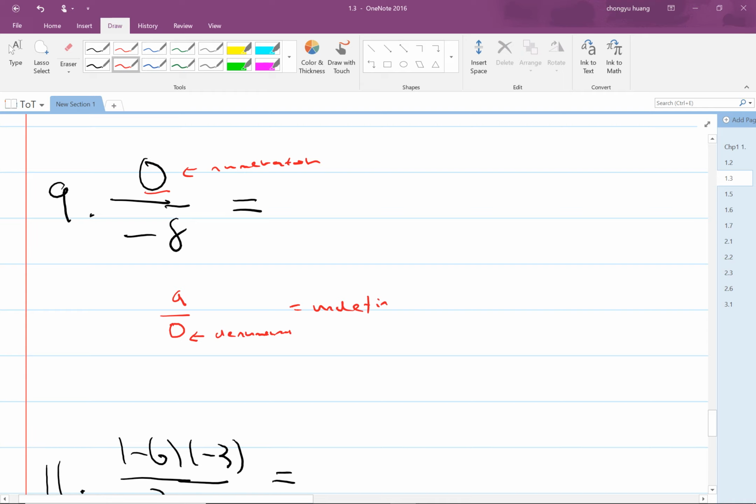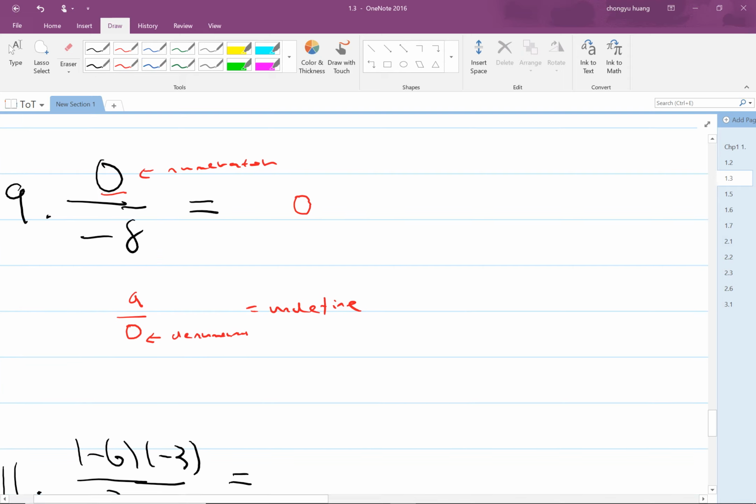But here, since 0 is on the numerator, it's going to be 0, okay? Wherever you see 0 on the numerator, the answer is always going to be 0. It's not undefined.